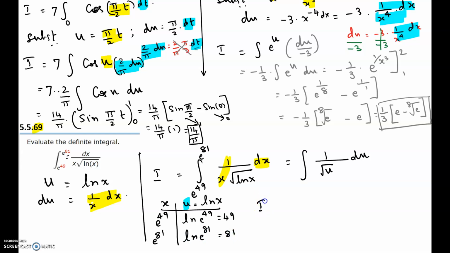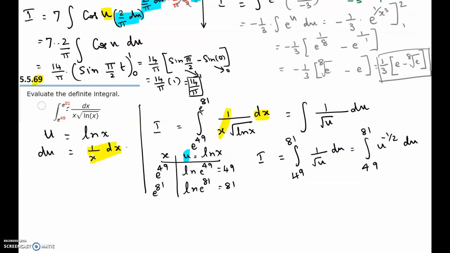So the given integral, if I keep it as an integral of u and not change back to the original variable, has limits 49 through 81 of 1 over square root of u du, which is the integral from 49 through 81 of u to the negative 1/2 du.